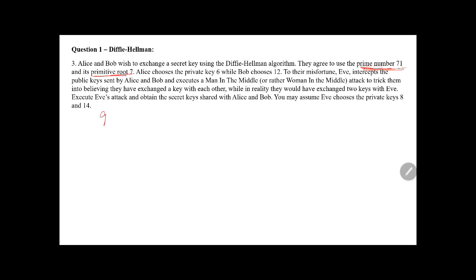So they use Q equal 71 and A equal 7. Alice chooses the private key 6 while Bob chooses 12. So we know that Alice's private key is 6 and Bob's private key is 12.